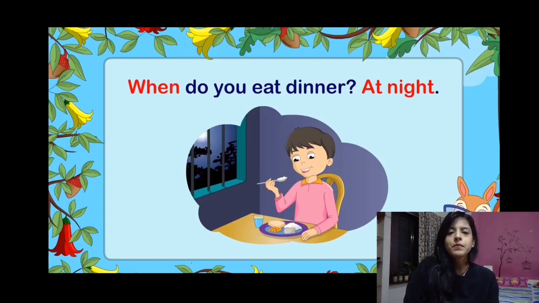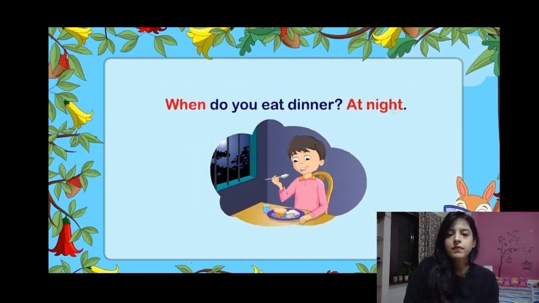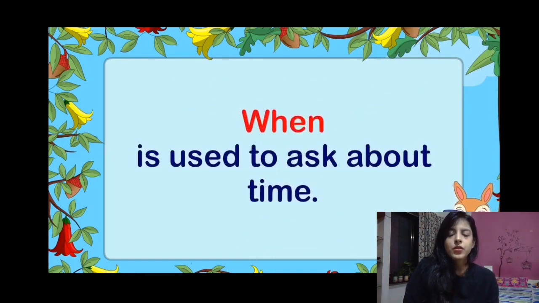For example, when is your birthday? My birthday is on 31st March, right? So 31st March is a date, right? So we use when because it's a date. Let's see one more example. When is used to ask about time, like I said.